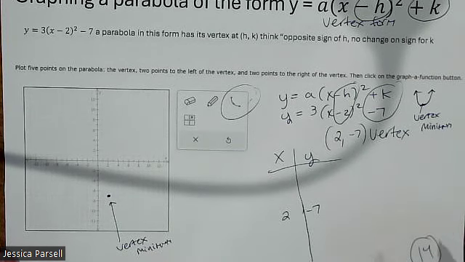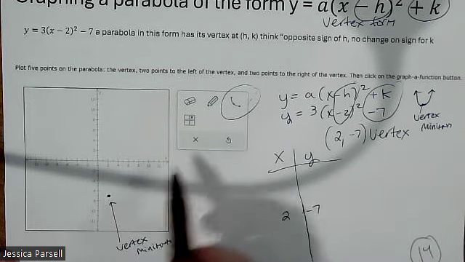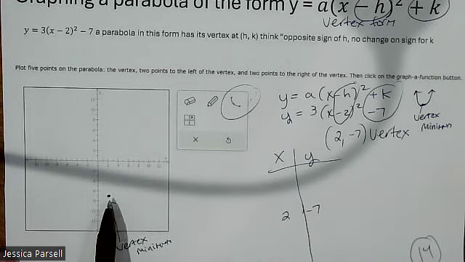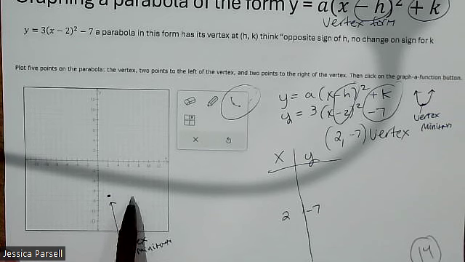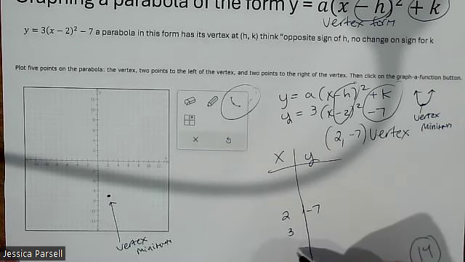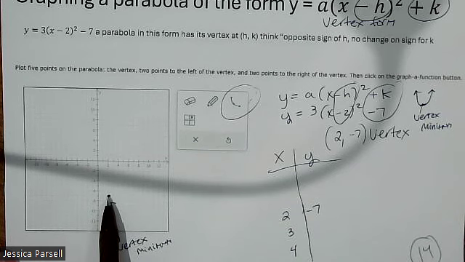Okay, now we have to graph 2 points to the right and to the left. So let's look at x values to the right of x is 2. Well, we could choose 3 and we could choose 4. Those are x values to the right. So let's choose 3 and 4. And then x values to the left, maybe we could choose x is 1 and x is 0.